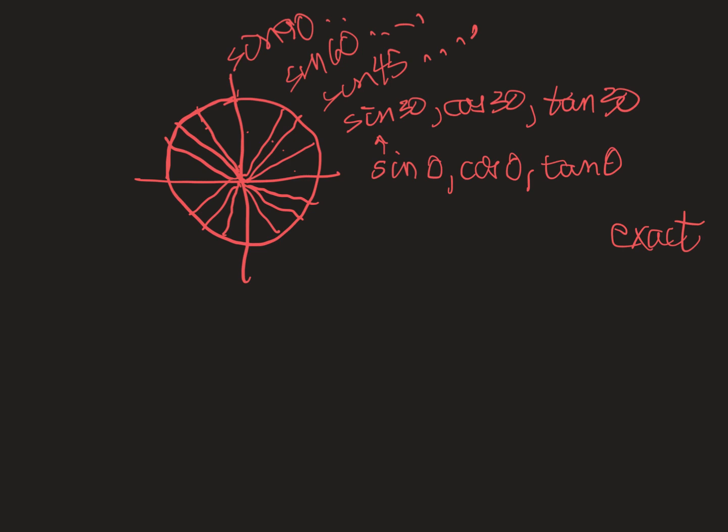Okay. And so as we move around, we're going to learn something about the quadrants and the values of sine and cosine. All right. And so that's going to be a really, really important thing that we're going to see here as we move along.